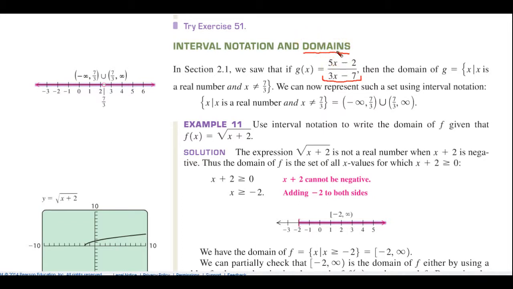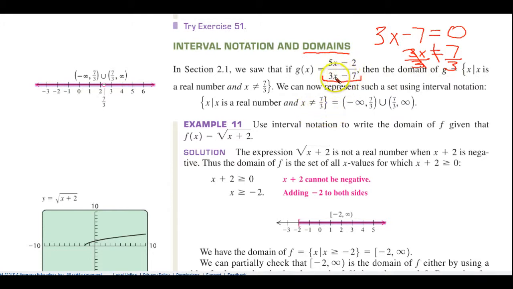And the strategy for it is to take your denominator, equal it to 0, solve, and say this is a value, 7/3, that is excluded from the domain, because if x were this value, it would make your denominator a 0, undefined.